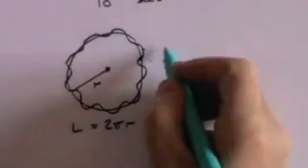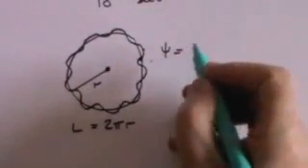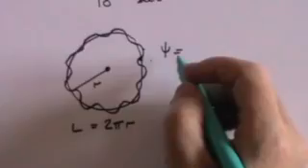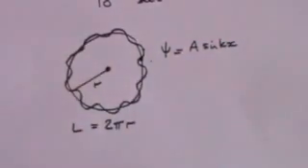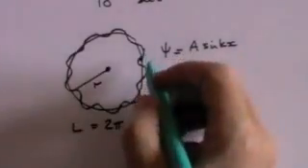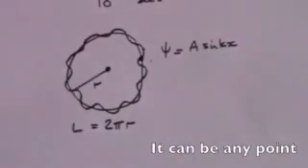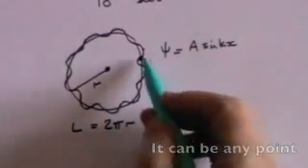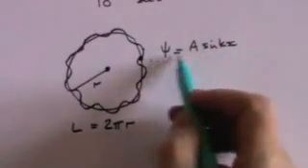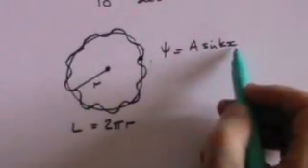So let's assume a wave function for this wave. A simple wave function is psi equals a times sine of kx. That's very simple. And what we're saying is, let's take a node on our travelling wave, and say that it is represented by this formula here.